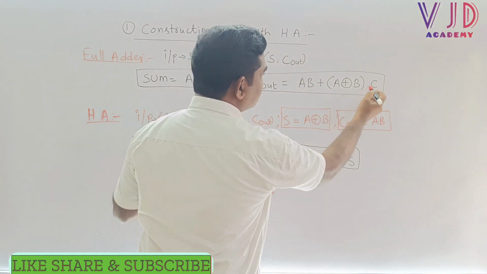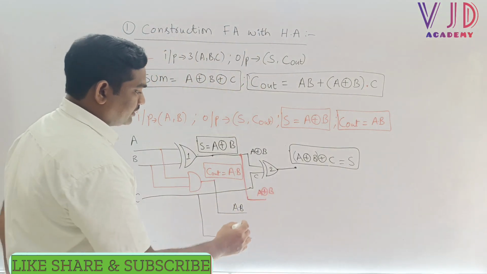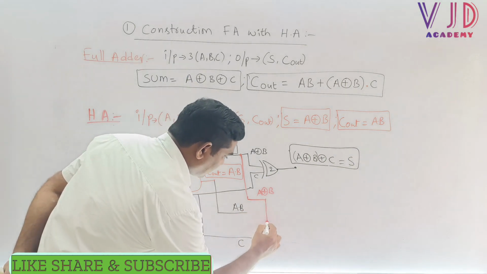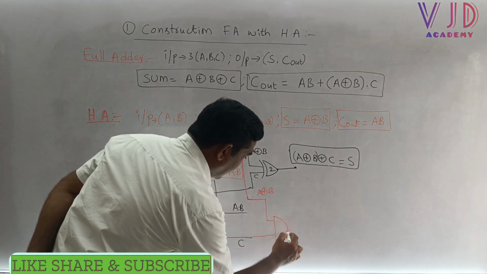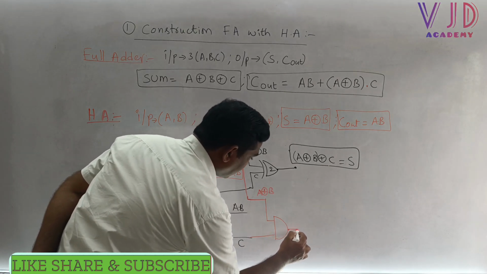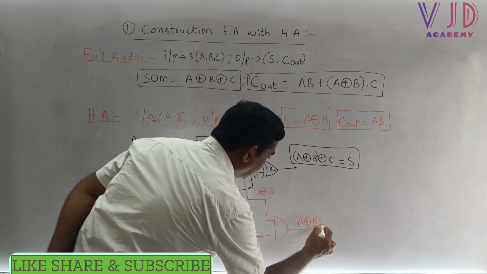Here A XOR B into C, we just need to use one AND gate, no doubt at all. That means I am taking one connection here and another here, and one AND gate I am using, so that the output is (A XOR B) into C.